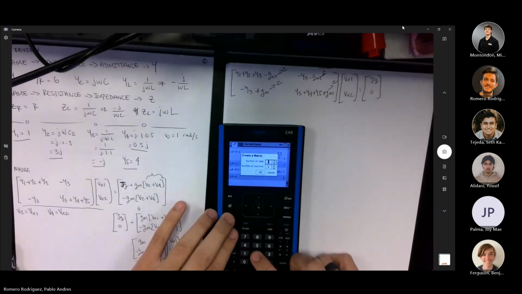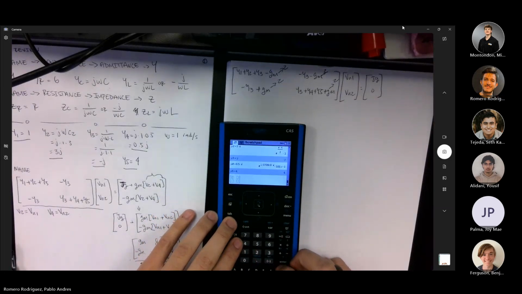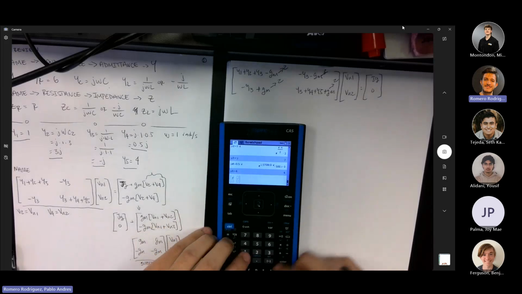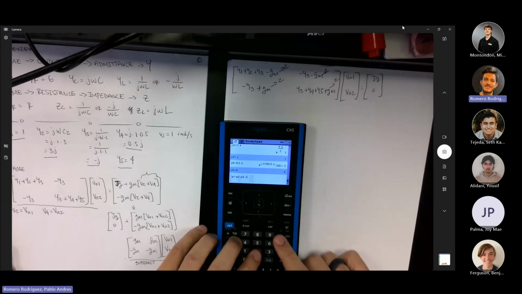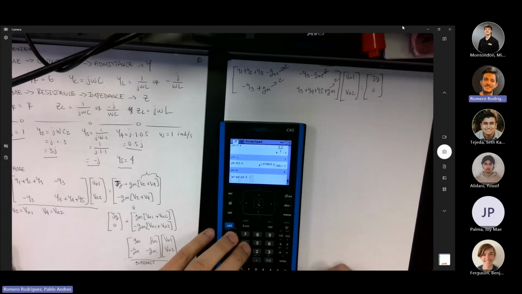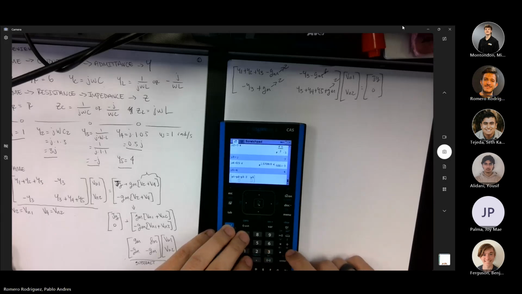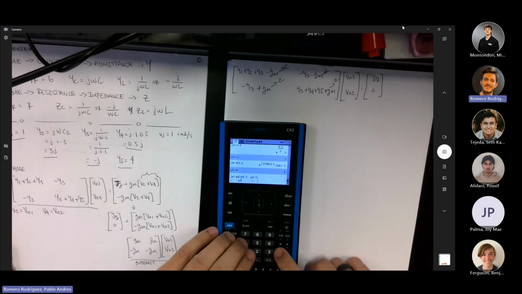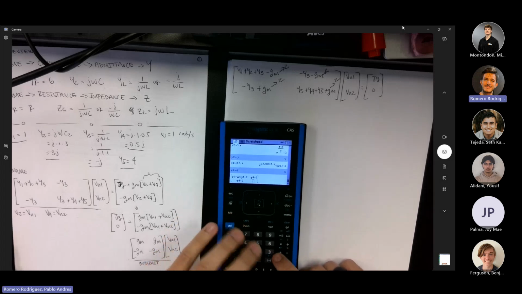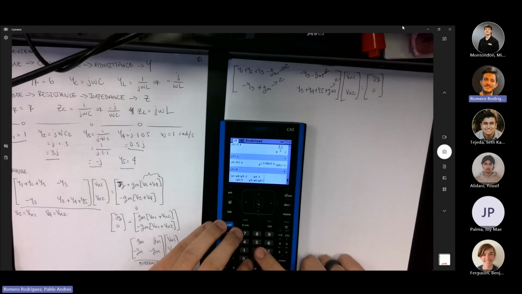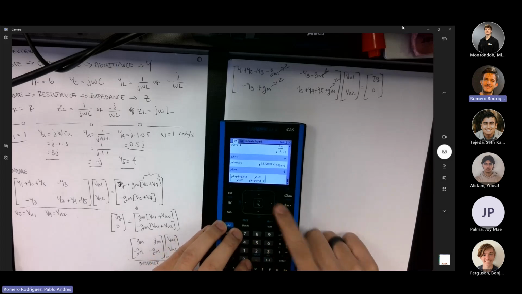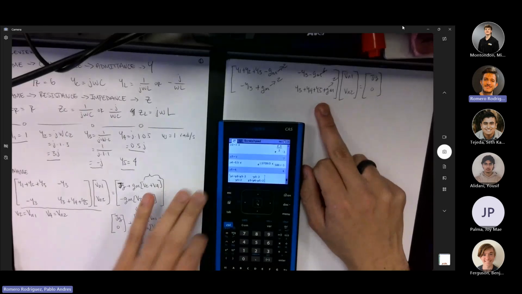And I'm going to type what I have: y1 plus y2 plus y3 minus gm, which is 2, then negative y3 minus 2, negative y3 plus 2, and y3 plus y4 plus y5 plus 2. So this is going to be this matrix over here.